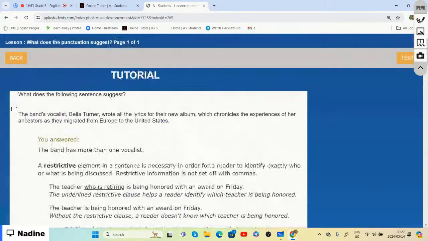The band's vocalist, Bella Turner, wrote all the lyrics for the new album, which chronicles the experiences of her ancestors as they migrated from Europe to the United States.